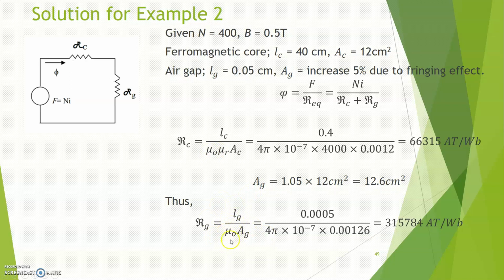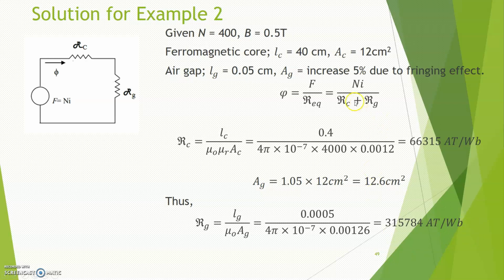So mu naught is multiplied with the cross-sectional area of the air gap, whereas for the core you have mu naught mu r multiplied with the cross-sectional area of the core. Here the mu r is considered as 1 for the air gap. Then substitute the values, and finally you get the reluctance of the air gap equal to 315,784 ampere turns over Weber.